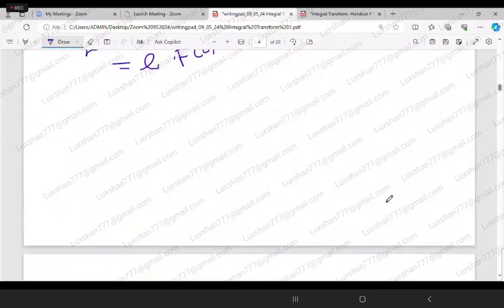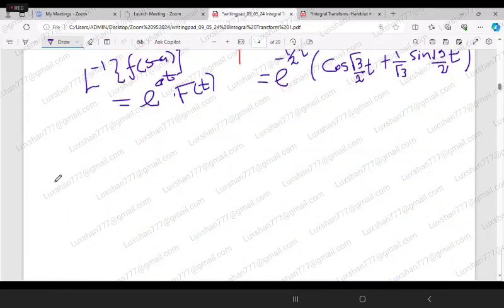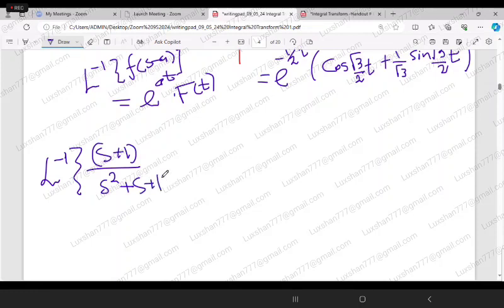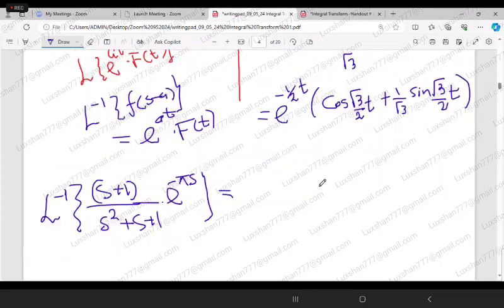Therefore, you can say that the inverse Laplace transform of s plus 1 over s square plus s plus 1, into e to the power minus pi s is nothing but f of t, where wherever you have t, you have to change it to t minus pi.